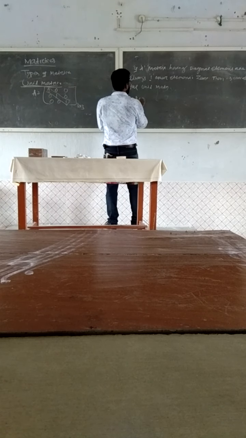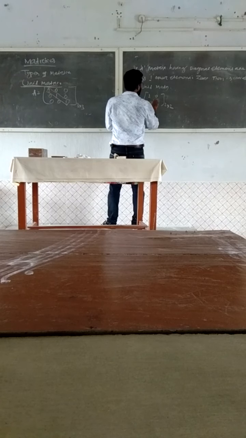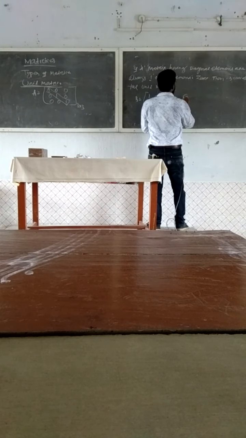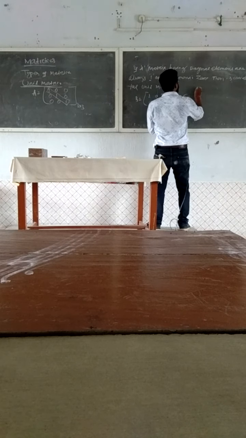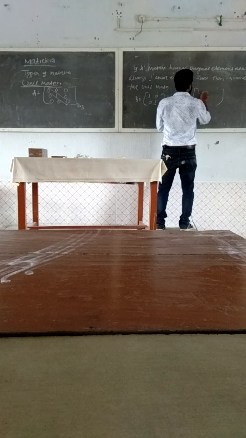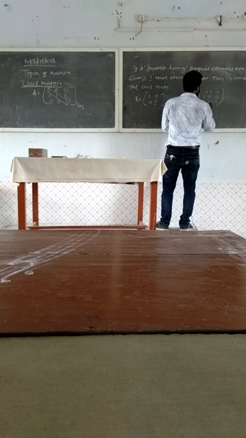Let us take a 2 by 2 order unit matrix. That is, matrix B of order 2 by 2 is 1 0 and 0 1. And also see the matrix of order 4 by 4. The unit matrix can be written as 1 0 0 0, 0 1 0 0, 0 0 1 0, 0 0 0 1.